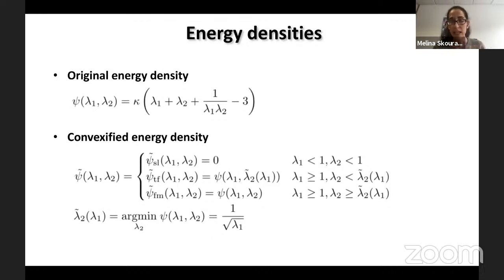When you have tension in one direction and compression in the orthogonal one, this means that you have well-defined wrinkles. Then we set the energy to the minimum value of the original energy when you fix the positive eigenvalue and change the other one. And when you have tension in both directions, we use the original energy density.